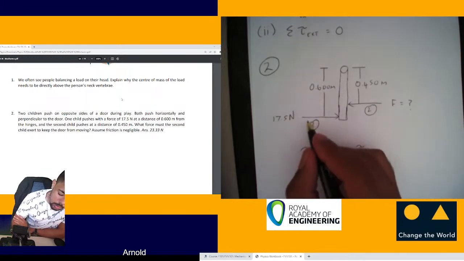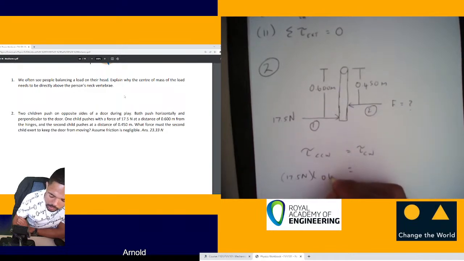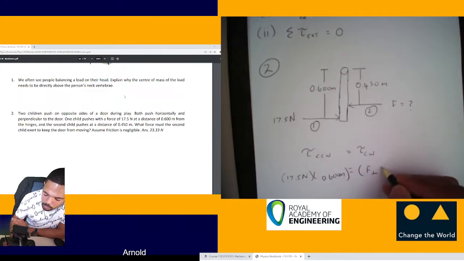We can work out the counterclockwise torque. It's just going to be 17.5 newtons multiplied by the distance of 0.600 meters, and then the clockwise torque is going to be the force F perpendicular that we don't know yet, multiplied by 0.450 meters.